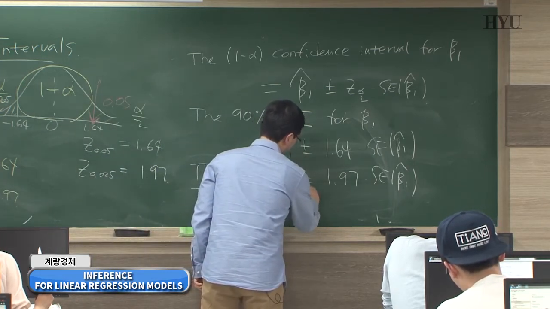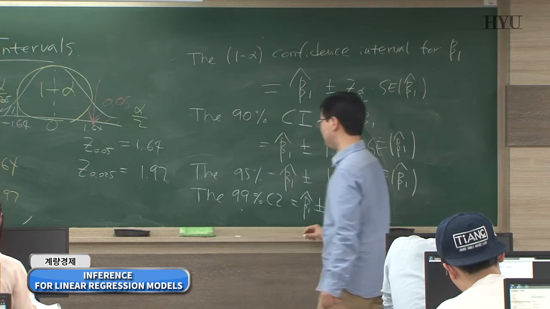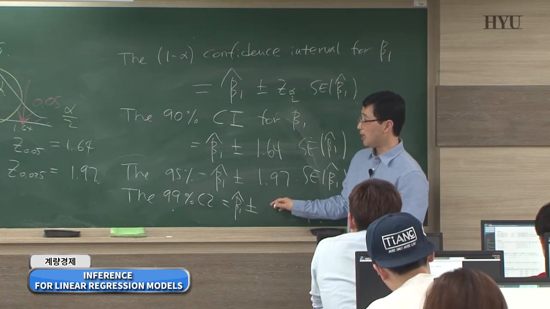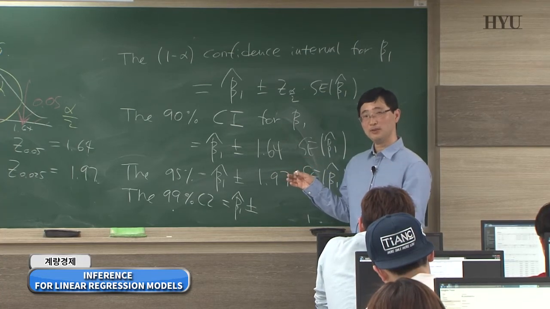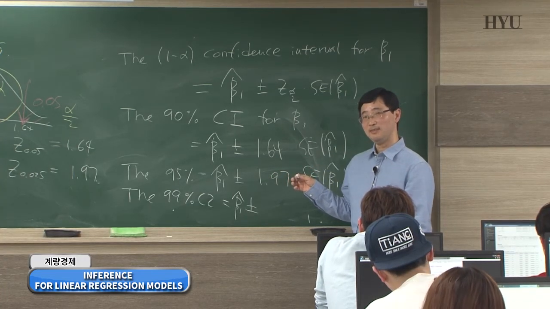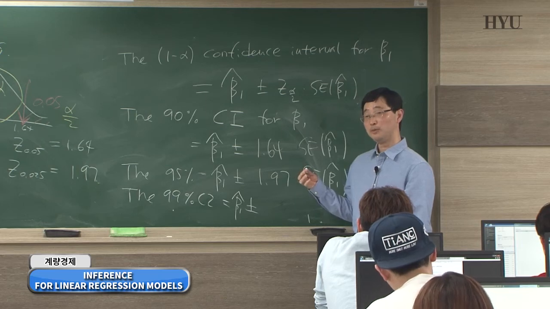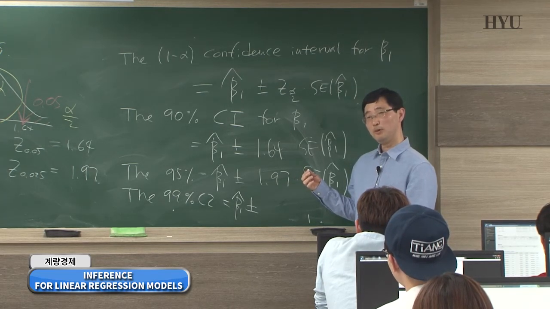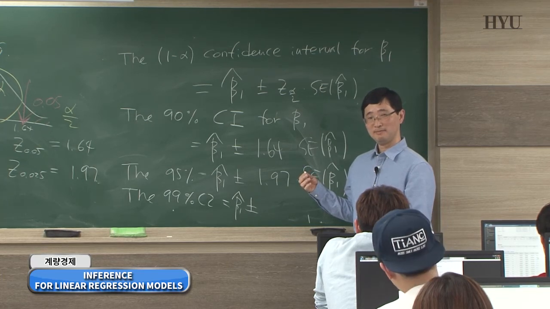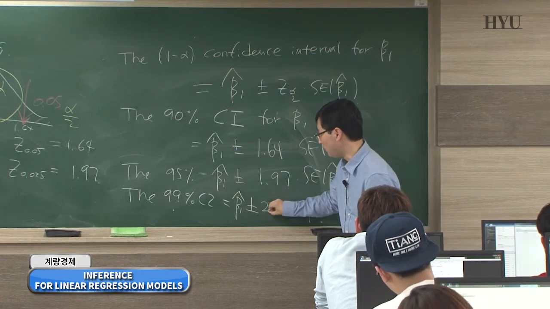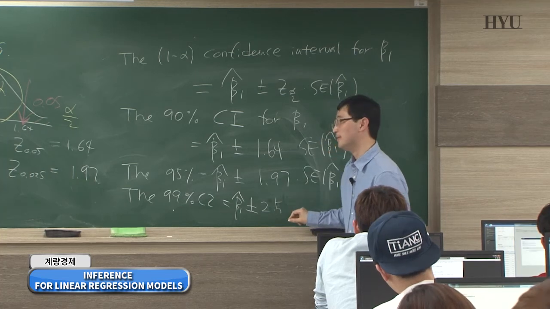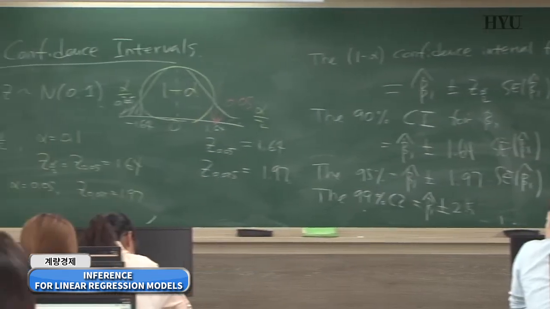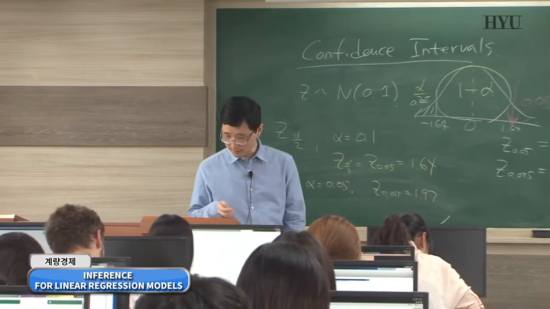That's beta 1 hat plus minus. Do you remember the value of g such that the middle is 99% and the right-hand side is half of 1%? Is it 2.3 or 2.5? Yes, it's 2.5 something, right? 2.57.